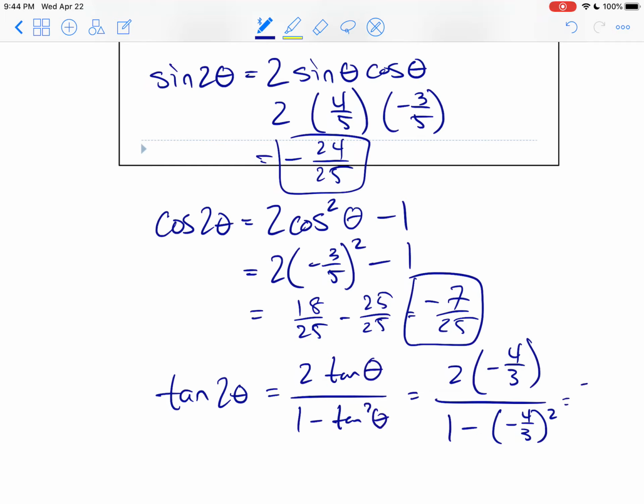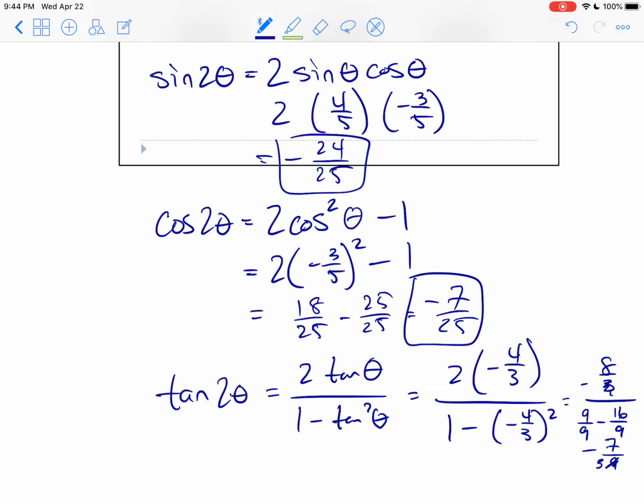And so this is -8/3 over 1 minus 16/9. So 9/9 minus 16/9 is going to be -7/9. This 9 is going to become a 3. It's going to cancel with this 3 here.